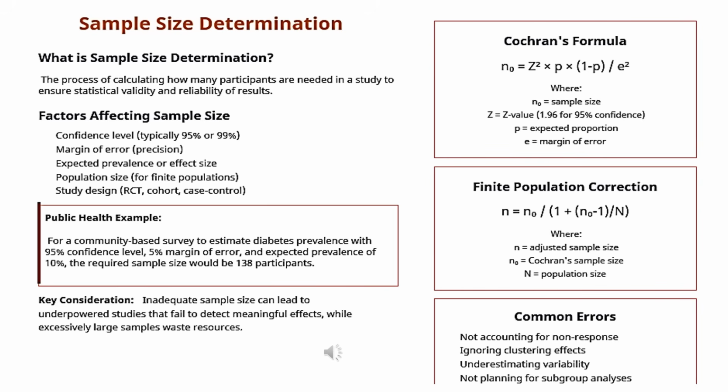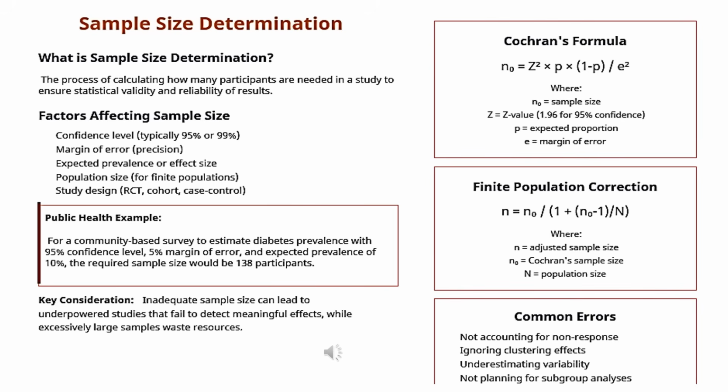Then the margin of error or precision defines how close your sample estimate is to the true population value. You also need to consider the expected prevalence of a condition or the anticipated effect size of an intervention. For finite populations, the total population size is also a factor to consider. Finally, the specific study design you choose, whether it is a randomized control trial, a cohort study, or a case control study, will also influence the sample size calculation.